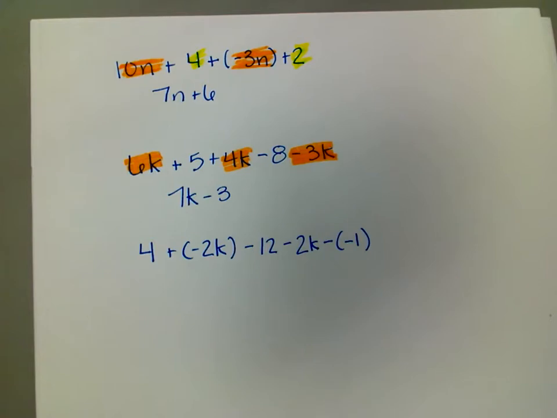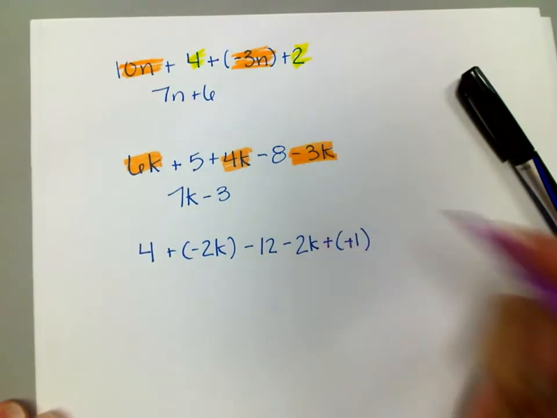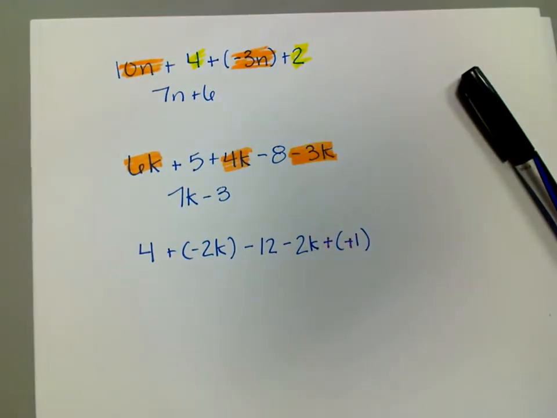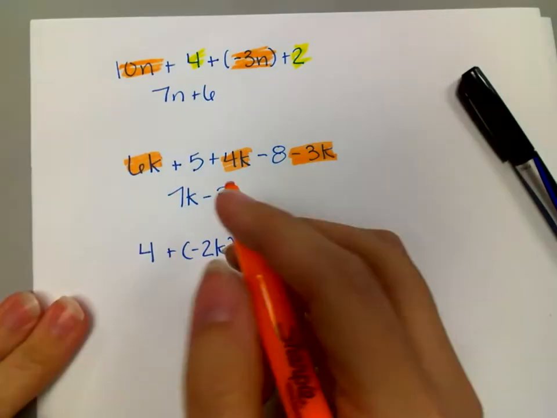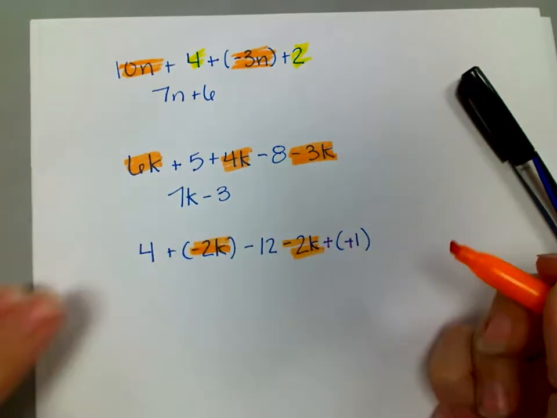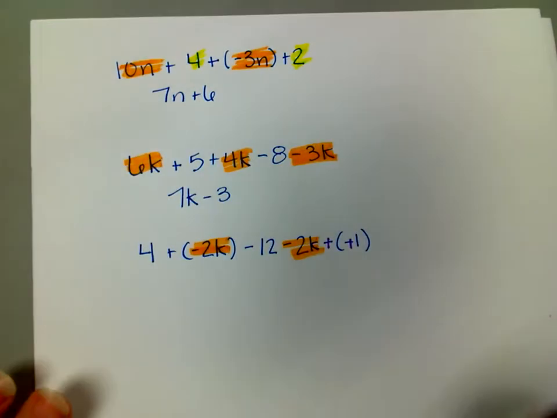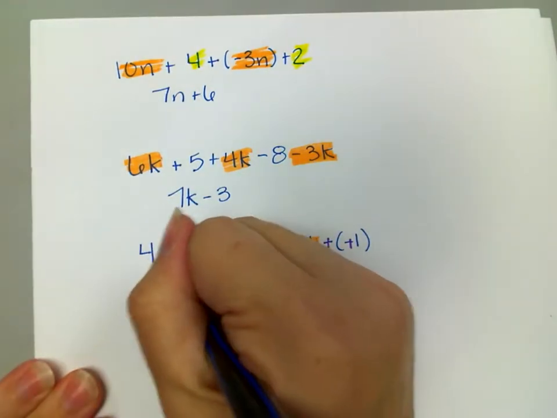Okay, one of the first things I'm going to do so that I don't confuse myself is change that to plus a positive. Okay, because that way I don't confuse myself. So I'm going to highlight those k's again. So I have negative 2k and negative 2k. So if I put that together, negative plus a negative, I'm going to have a negative 4k.